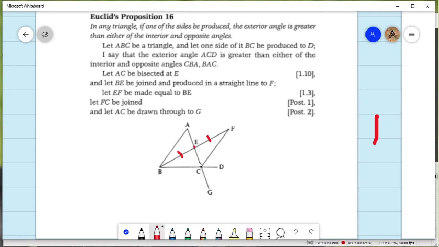But note that AC is then drawn to G. We extend this by proposition 2, which says that a line segment can be extended infinitely to form a line.